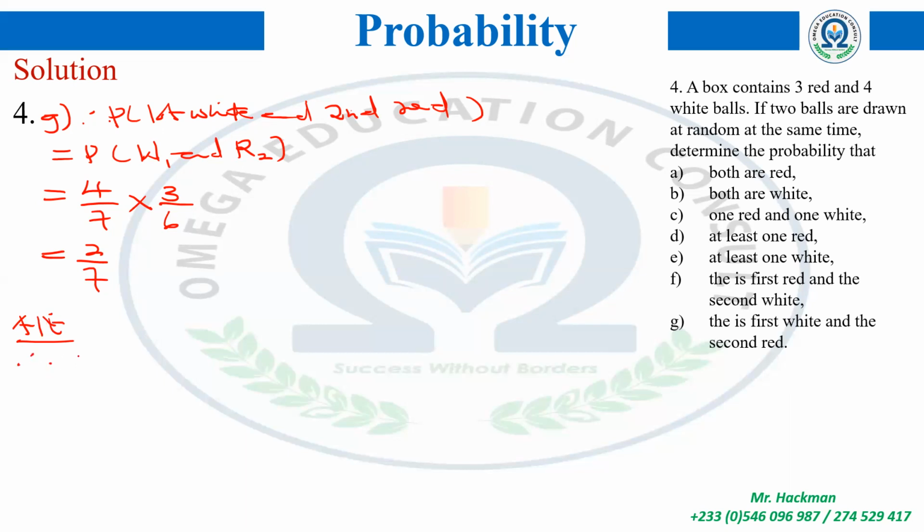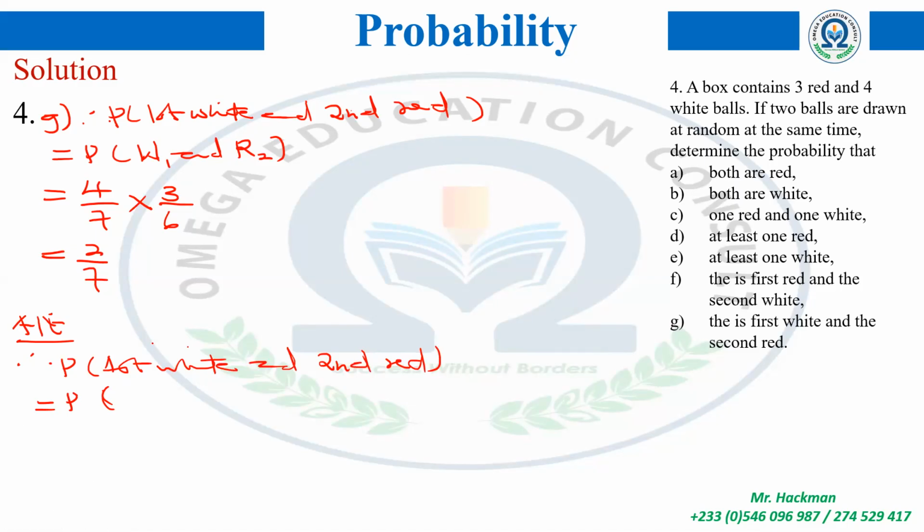So therefore your P, first white, and second red, will be equal to, so you are looking at, let's straight away apply the permutation.